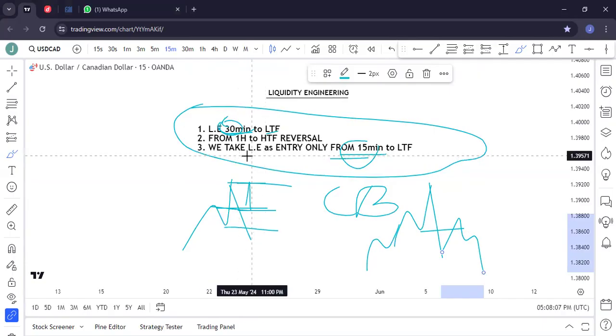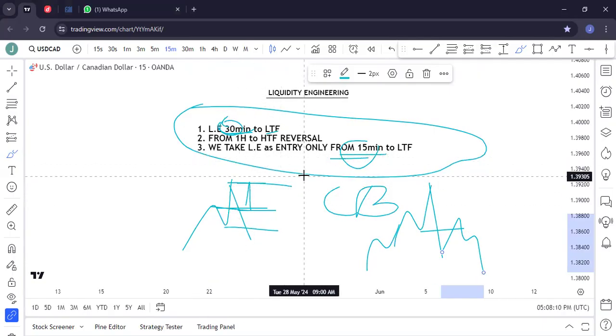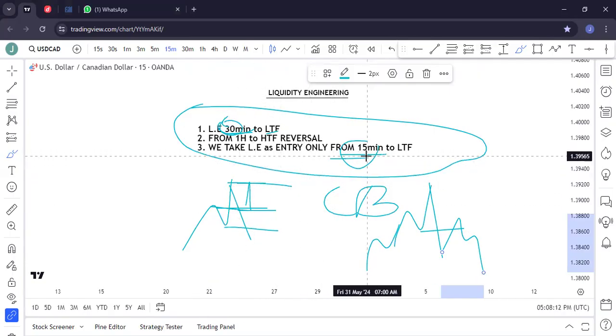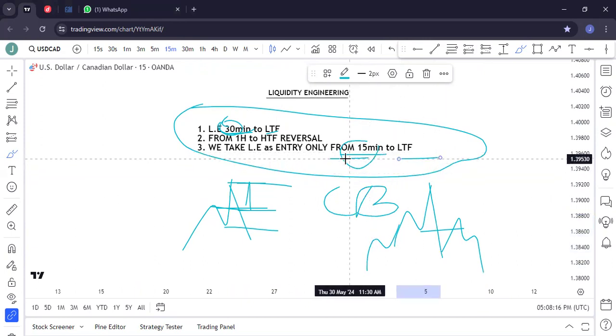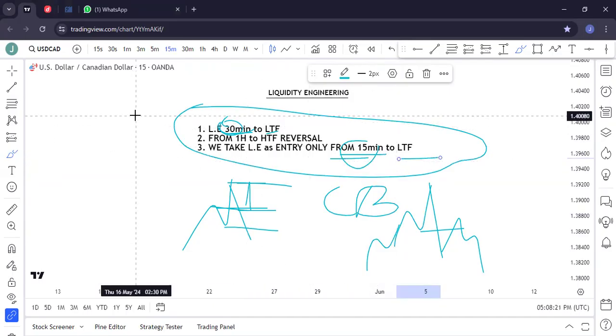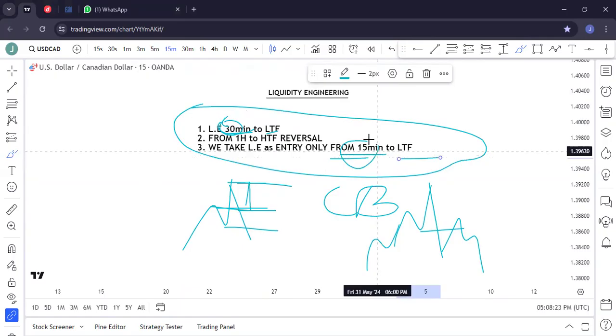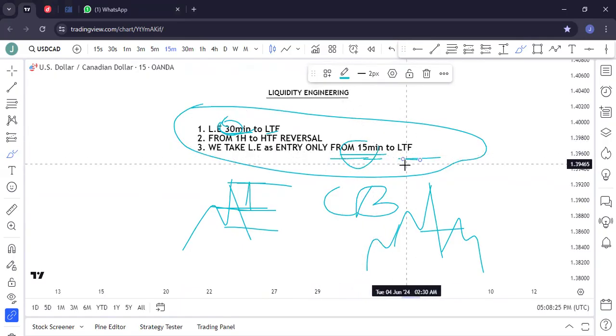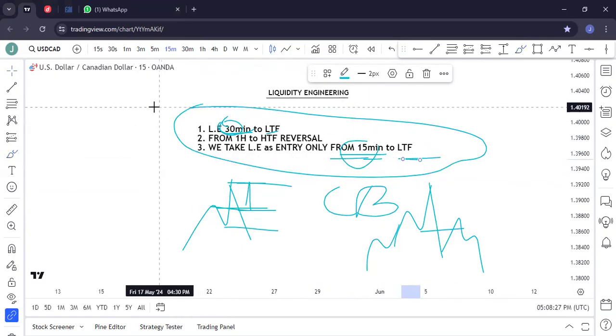And we take liquidity engineering as an entry only when we find it in 15 minutes to lower time frames. It can be 1 minute, 3 minutes or 5 minutes, only from 15 minutes to lower time frames. You get this point?